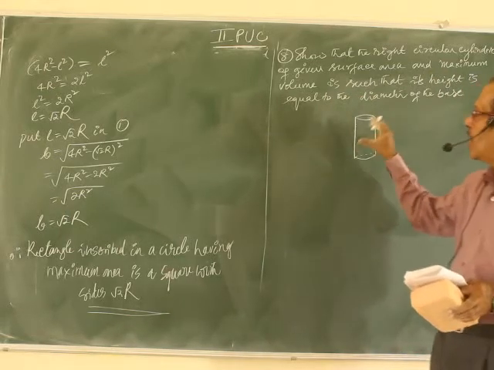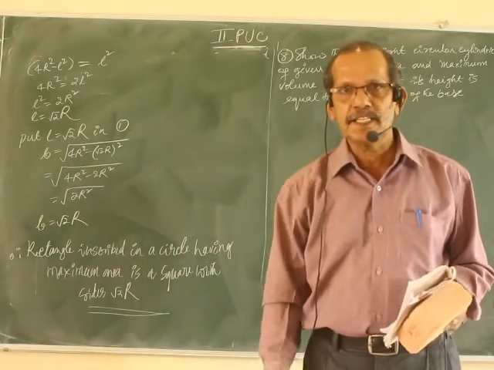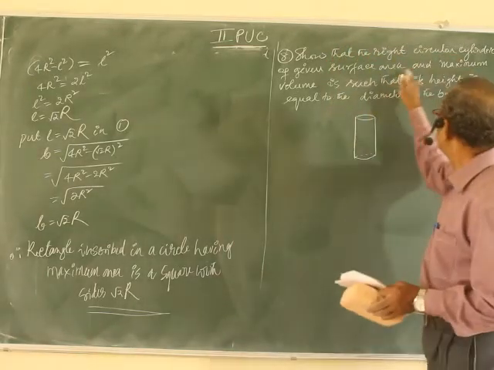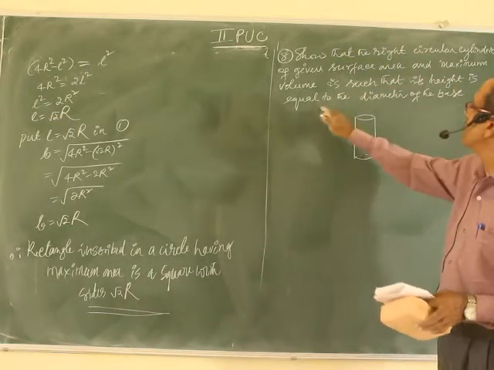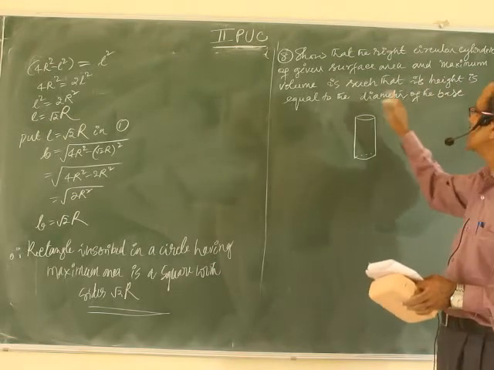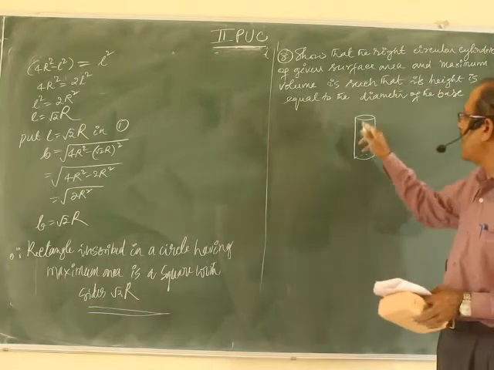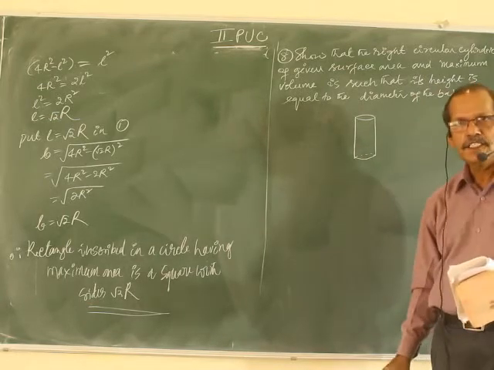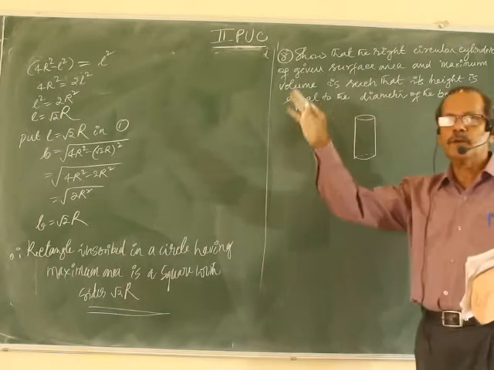Make a cylindrical box using that given sheet. No other sheet will be given. The maximum volume means the height of the cylinder should be equal to the diameter of the base. Then only you get the maximum volume. If you take the height and diameter of the cylinder equal, then you get the maximum volume box.